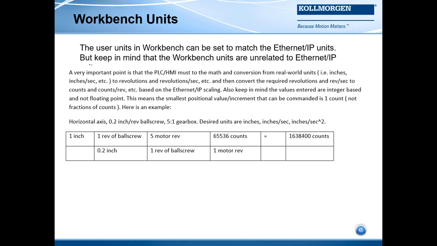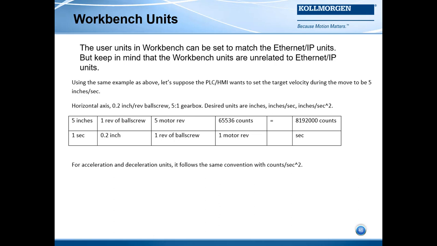So here the PLC would do this math and convert 1 inch into the necessary Ethernet IP position counts, and that's what you would populate the, say, AKD move add-on instruction with. And then let's suppose with the same example that you want the move to be 5 inches per second velocity, then here's the math behind that.